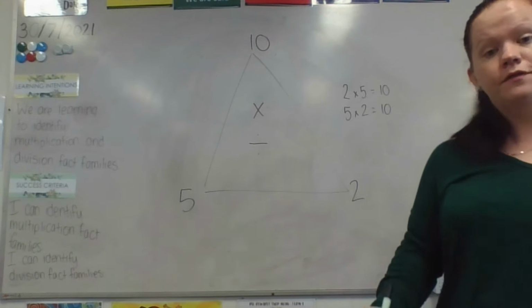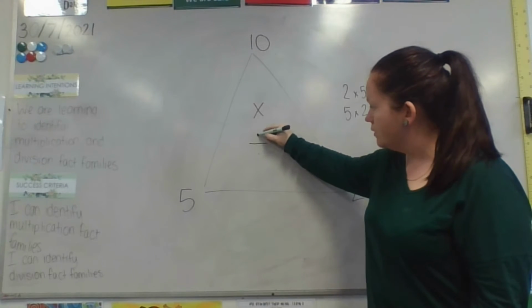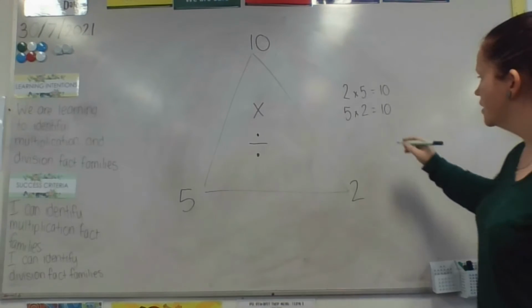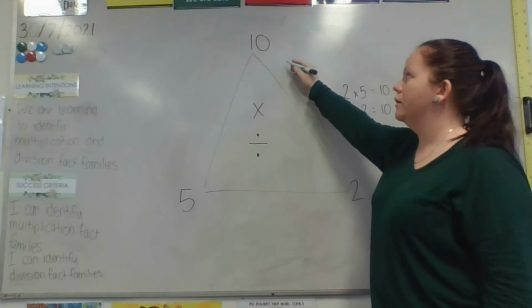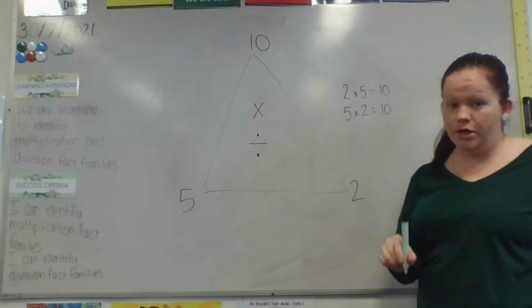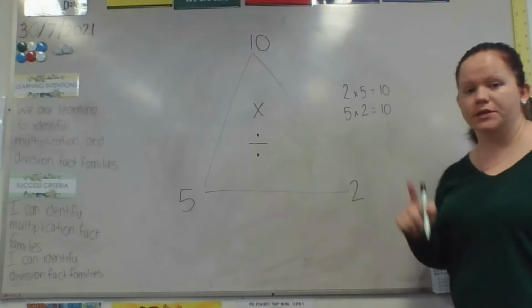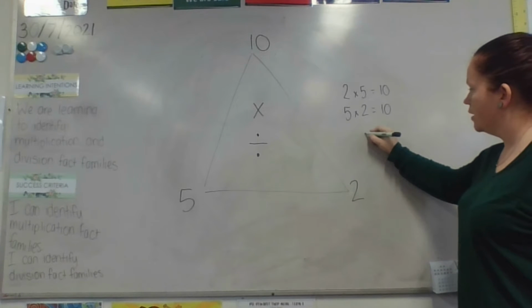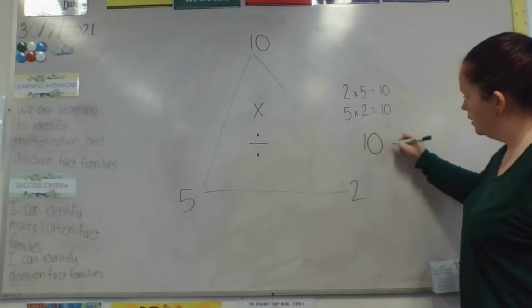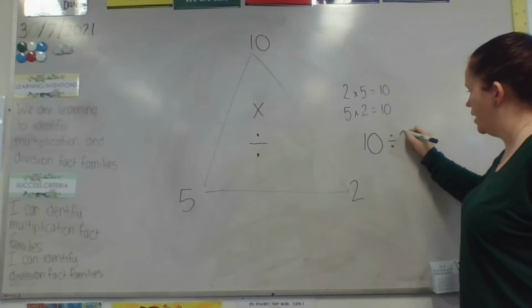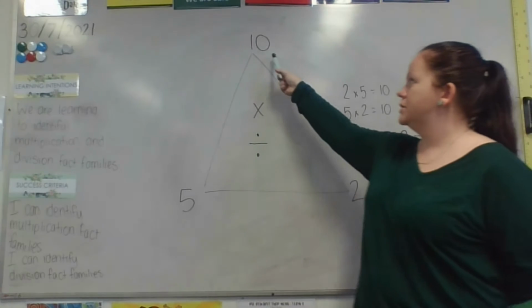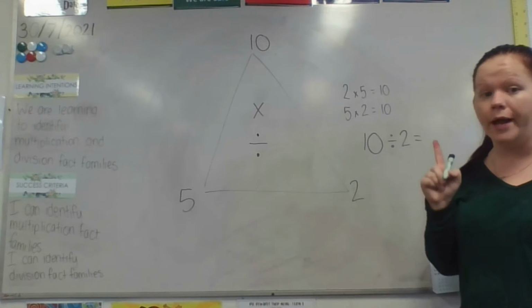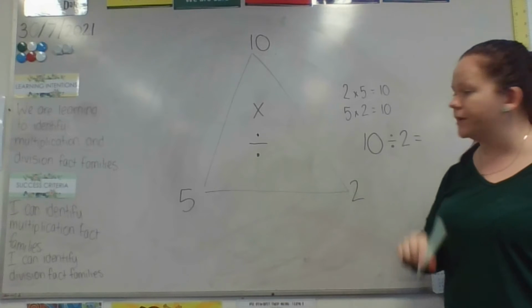Now, when looking at our division sign, so that is our division, our line with our dot on the top and the bottom, for our Year 5 students, that is going to be starting with the biggest number first. So we are going to start because we're taking our biggest number and we're breaking it down. So we are going to start with our 10, and I'm going to divide it by 2. So we've got 10, we've divided it by 2. Now, if you've already guessed, we have one number left, so that is going to be our answer.